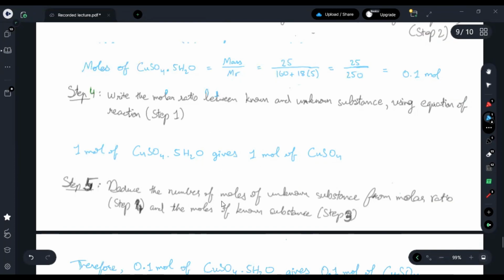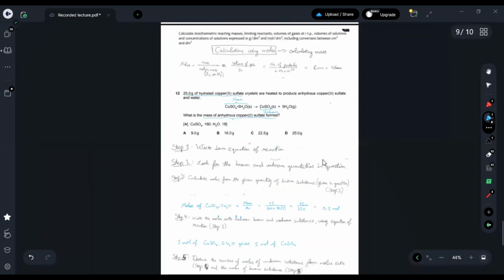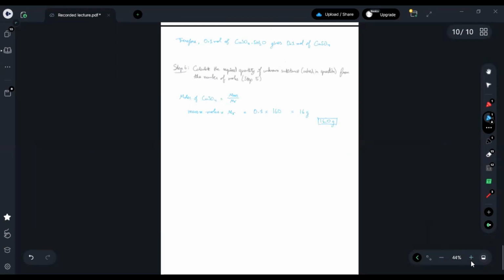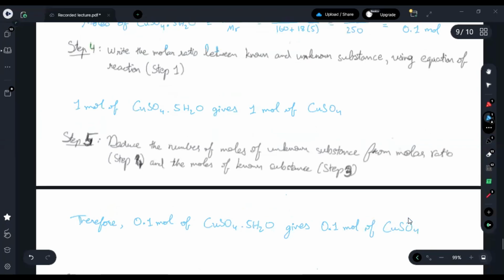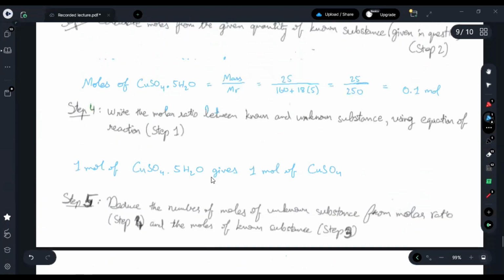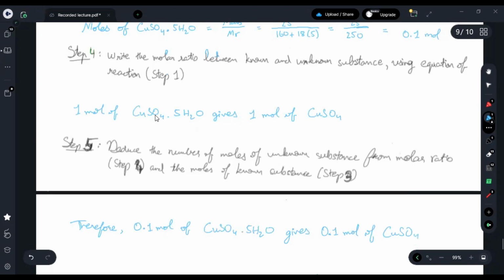So we have now connected the known and the unknown using this statement of the molar ratio. And now we have to deduce the number of moles of the unknown substance using this molar ratio, which we have highlighted in the statement. So when 1 mole of hydrated copper sulfate gives 1 mole of copper sulfate, if we are reducing this 1 to 0.1, this would be exactly the same ratio.